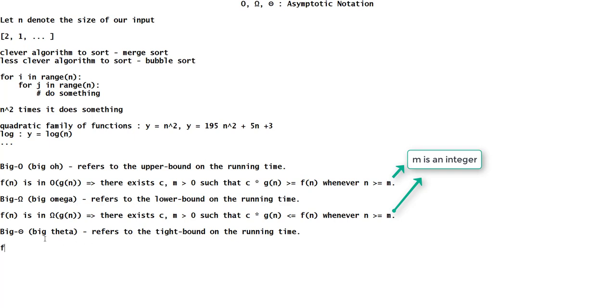So f of n is in theta of g of n implies that f of n is in omega of g of n, and f of n is in big O of g of n. So if it's in big omega of g of n, and if it's in big O of g of n, then it's theta bounded.